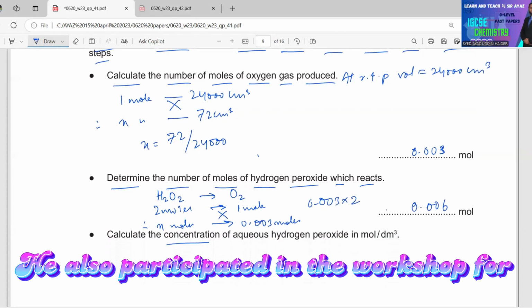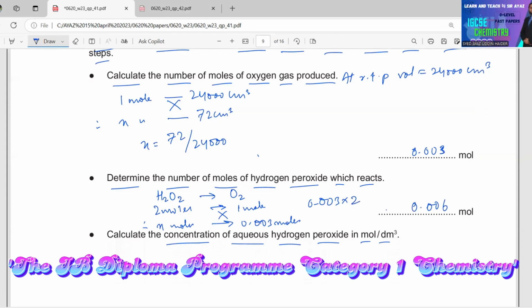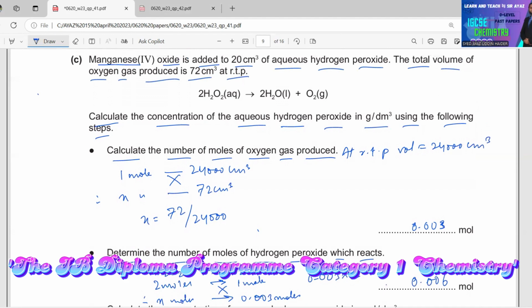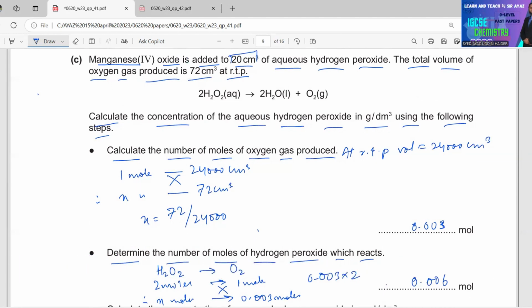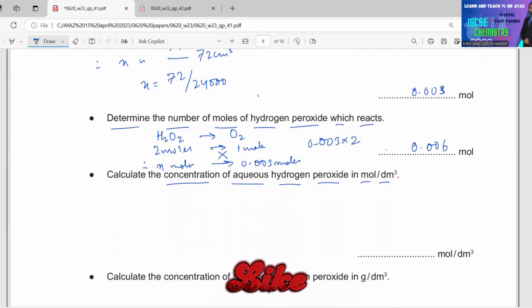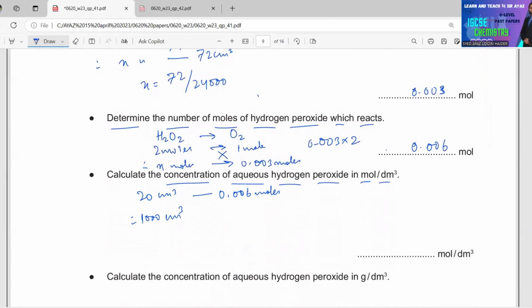Now calculate the concentration of aqueous hydrogen peroxide in mol per dm3. So these moles are in 20 cm3. So you write 20 cm3 contains 0.006 moles. Therefore, 1000 cm3 contains X moles.